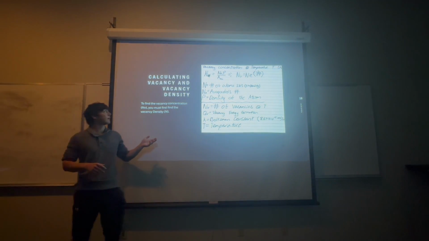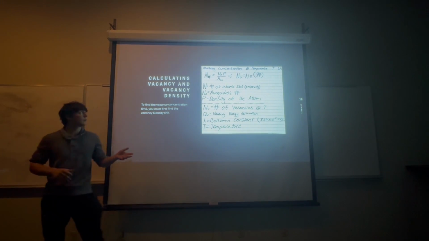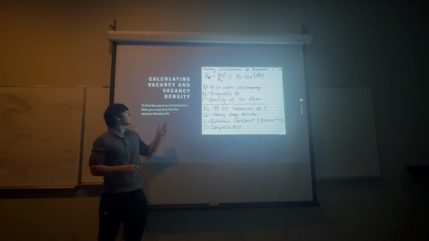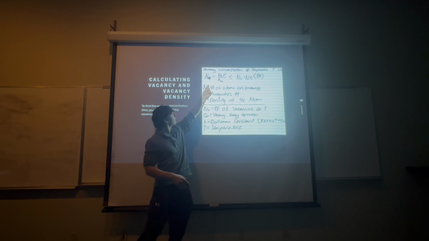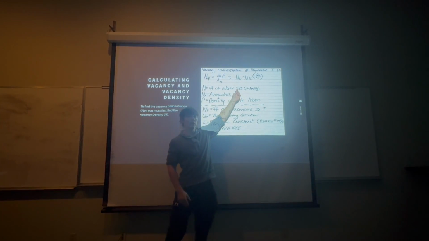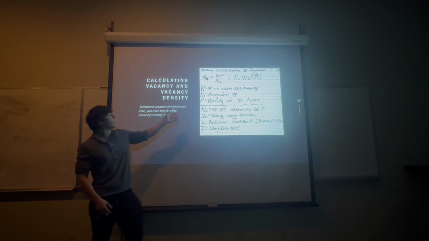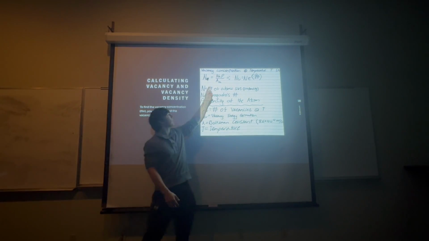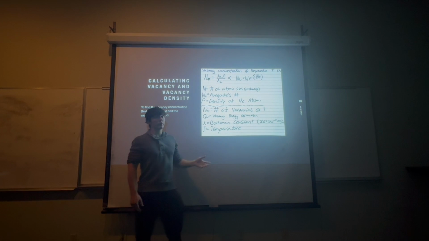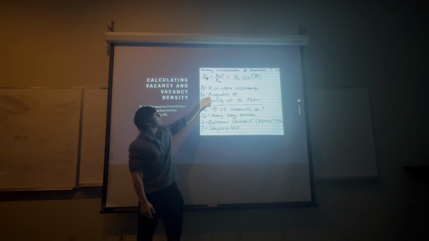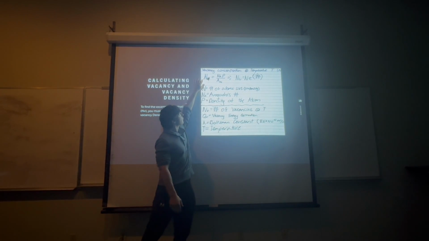So in order to calculate the vacancy and then the vacancy density, there are two formulas that you need to use. This is the formula for vacancy density, and this is the actual number of vacancies in the material. Within these two equations, we have Avogadro's number, which is a constant that we all know, and then we have the number of atomic sites, which is what we're looking for.